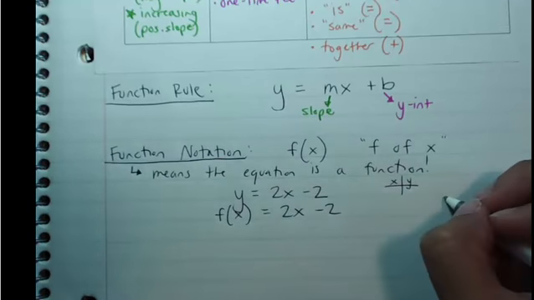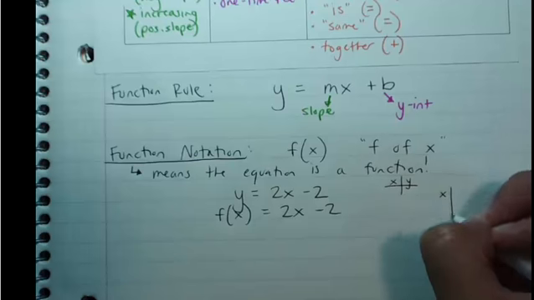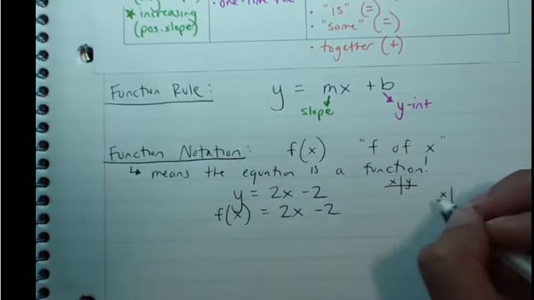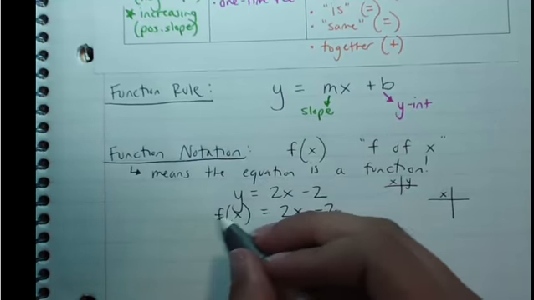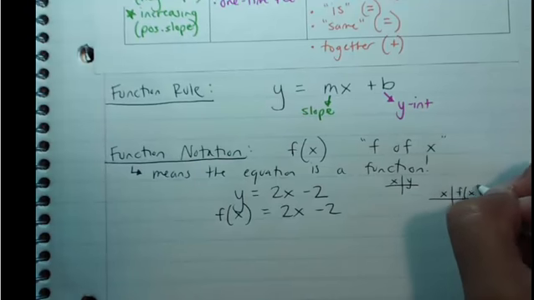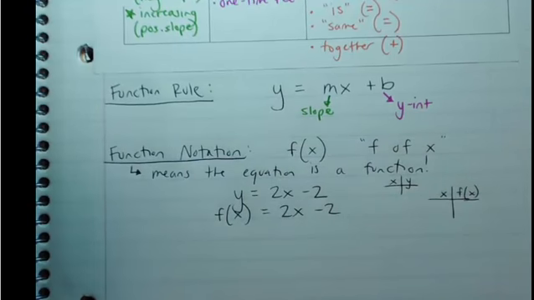This second one would be x, because again I have my x values, and I plug in the x values to figure out the y value, which in this case would be the f of x. So again, you could see your table is just x, y, or x and f of x, because that's a function of the y's. Okay, so again, f of x and y mean the same exact thing.